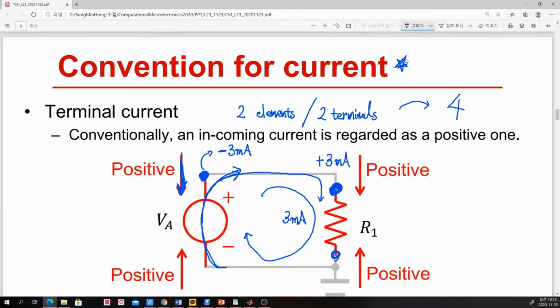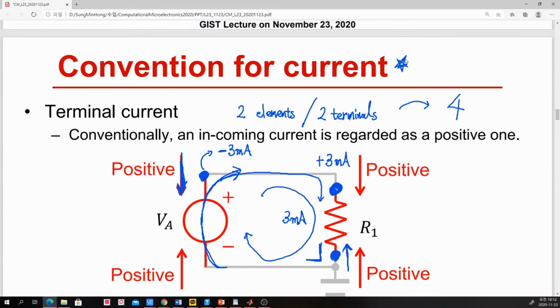But if we go to the lower terminal of our resistor, then what will happen? Although its positive direction is defined as this direction, the current is actually the opposite way.